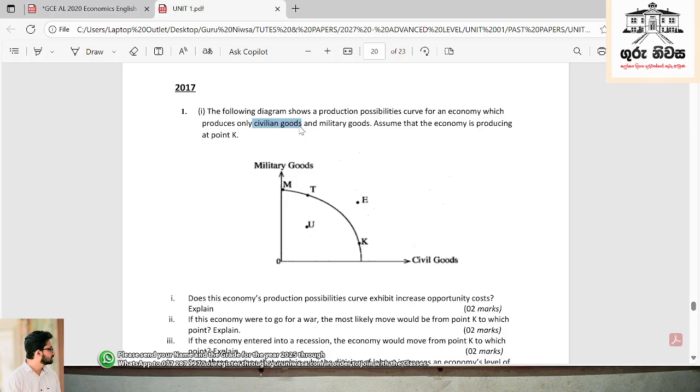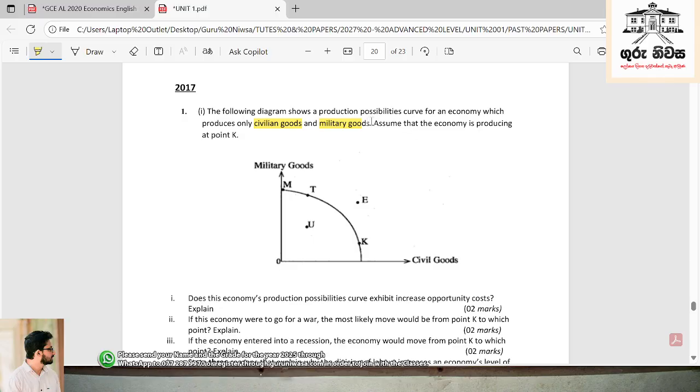Military goods are bombs, weapons, maybe nuclear bombs, some explosives, and spending on military or army forces, police. These are the military goods. There are two goods: civilian goods and military goods.